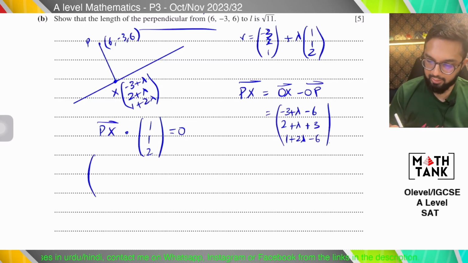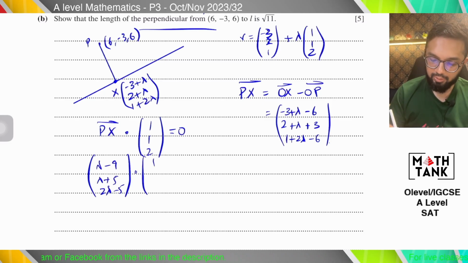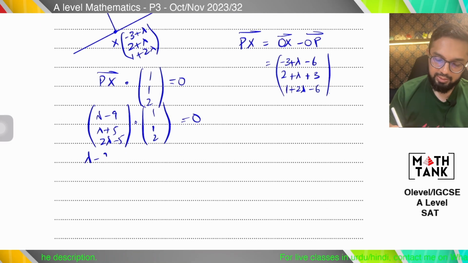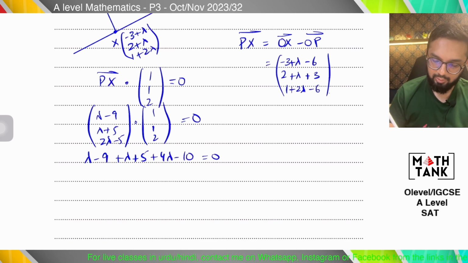So I get lambda minus 9, lambda plus 5, 2 lambda minus 5, dotted with 1, 1, 2. Lambda minus 9 plus lambda plus 5 plus 4 lambda minus 10. That's 6 lambda, minus 5 and minus 9 gives me minus 14.